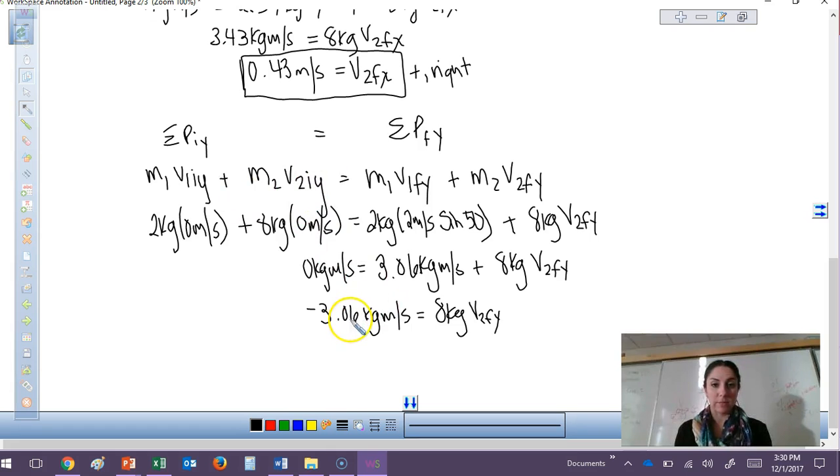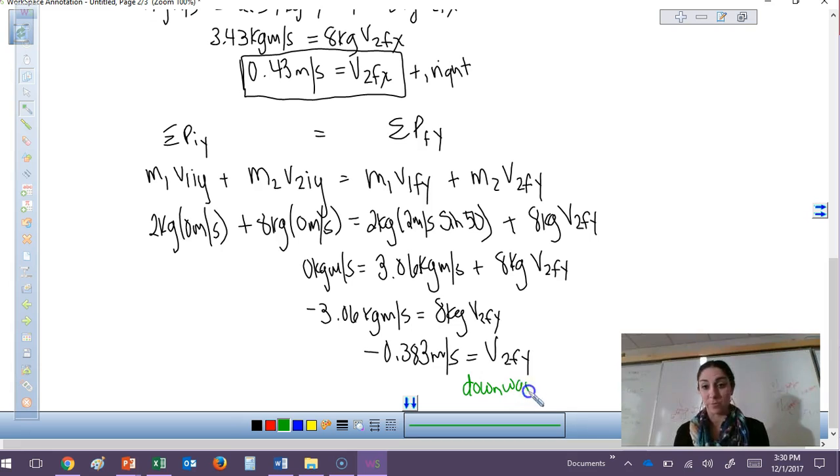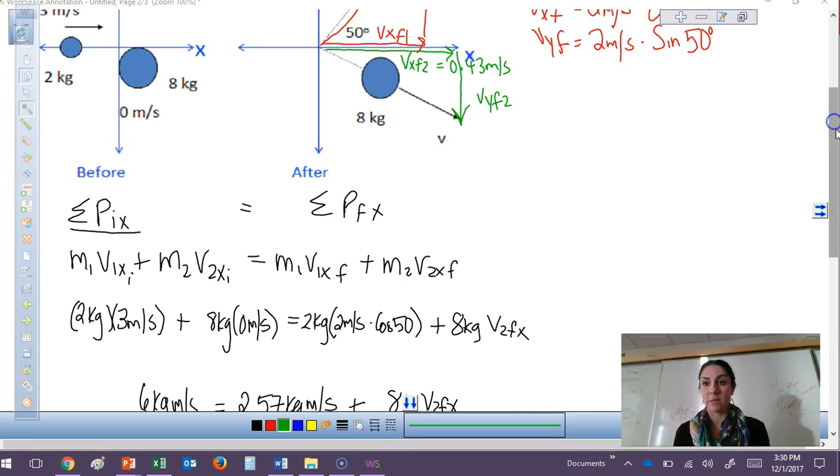And it becomes negative 0.383 meters per second equals V2y final. So notice that it's negative, which means in a vertical sense this is moving downward, or south, or whatever you want to say. And look, it matches, which is good, because we do have it being modeled downward, so we got this correct. So negative 0.383 meters per second, like that.